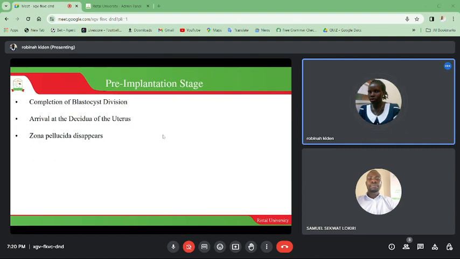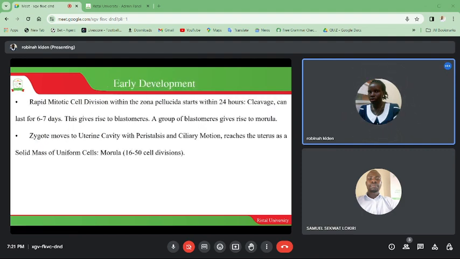Then from there, the zona pellucida, which was formed to shield off the other sperms from fertilizing the egg, will end up disappearing.